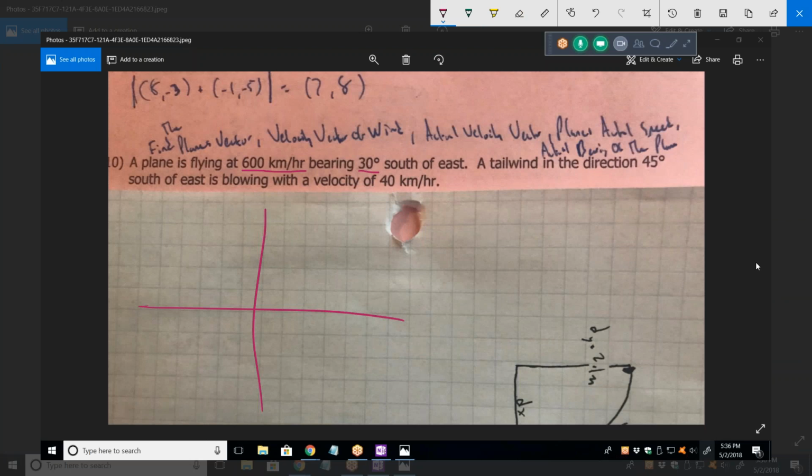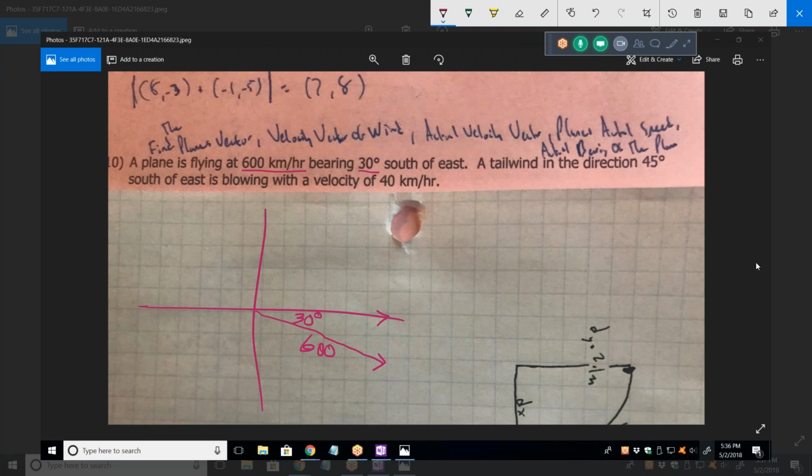So its bearing is 30 degrees south of east. Well, that's east. So 30 degrees south of east would be like that. And the size of that vector is 600.